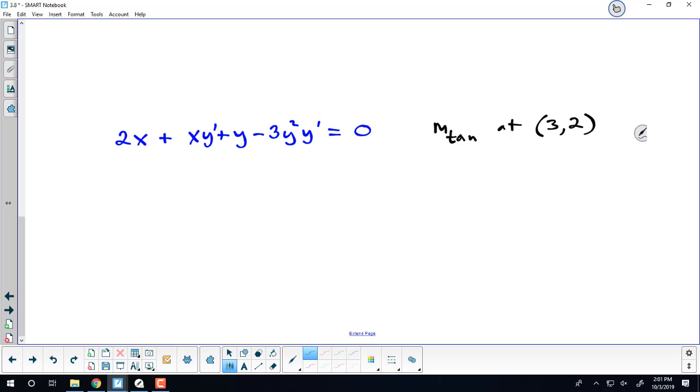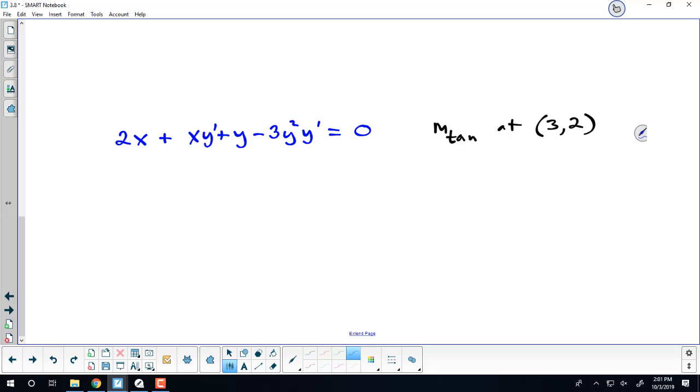So if from the first step of the derivative, you're given a point, then just plug the point into that type of equation. There's really no need to solve for y prime unless the problem is explicitly asking you for y prime.